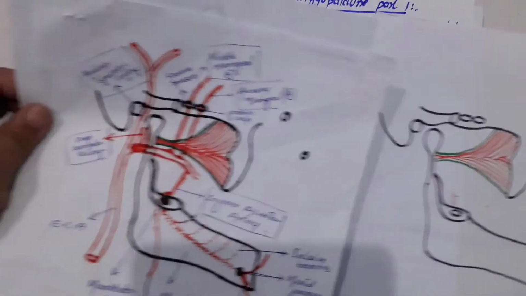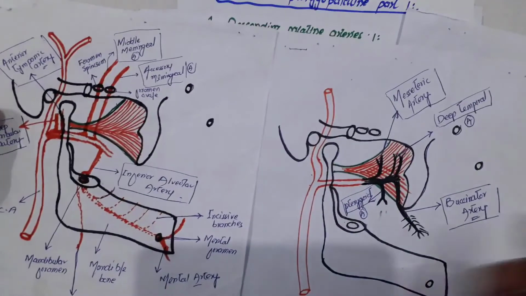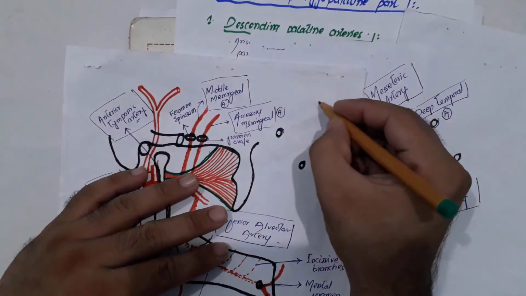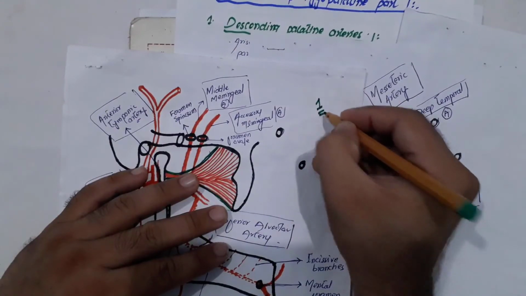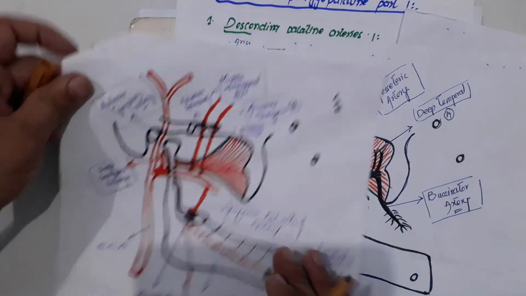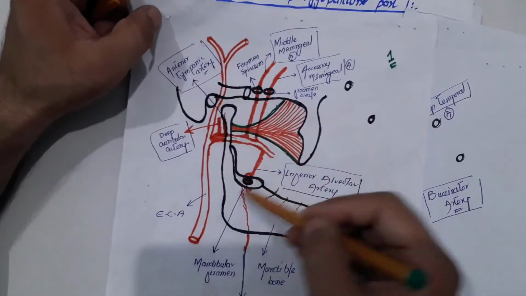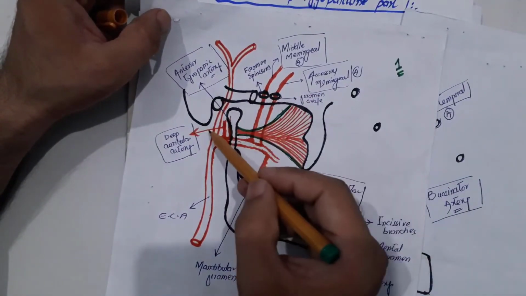This was our first diagram, in which we discussed the arteries arising from the maxillary artery in the mandibular part.